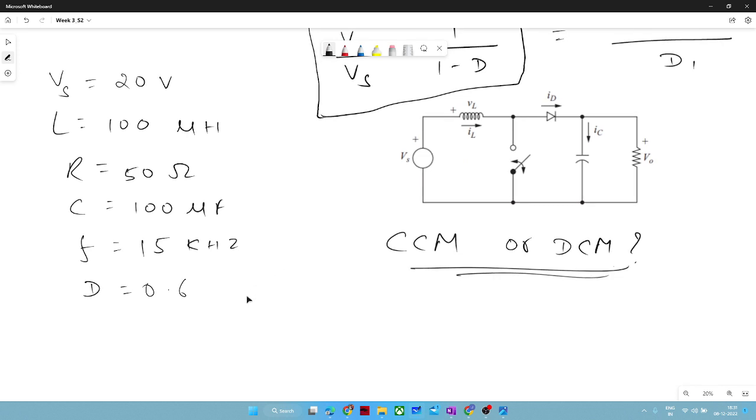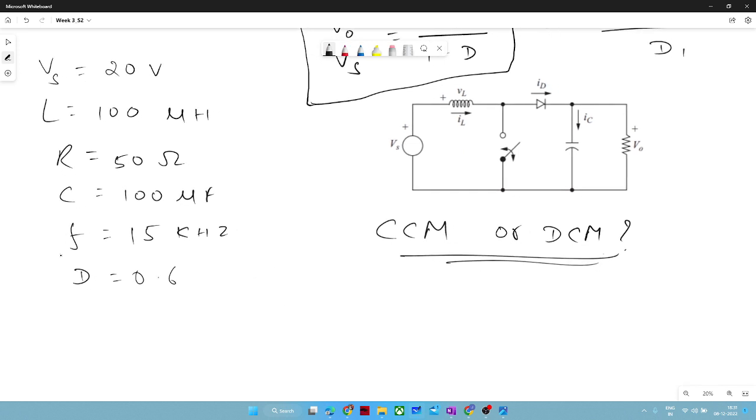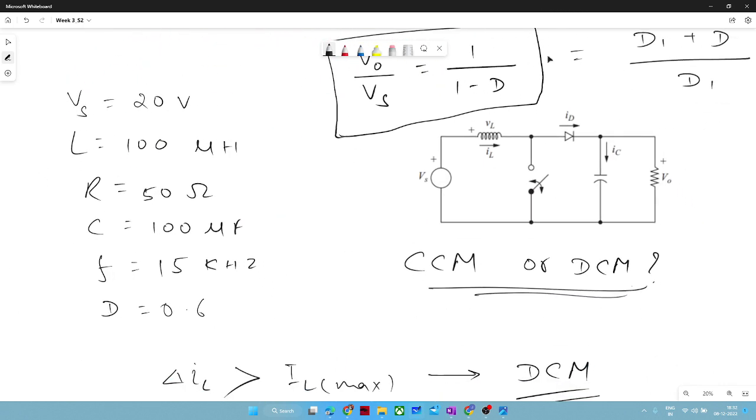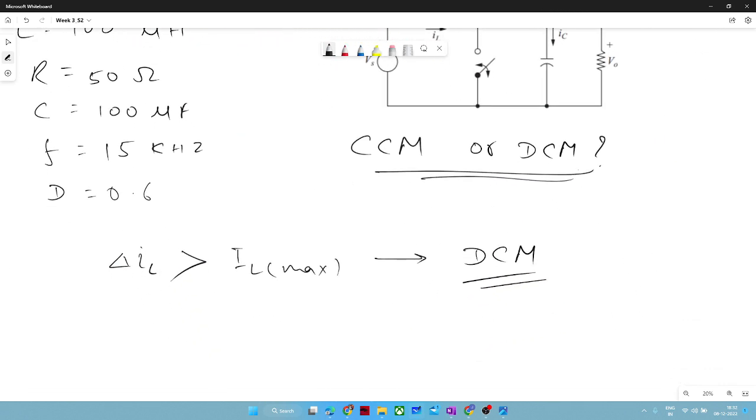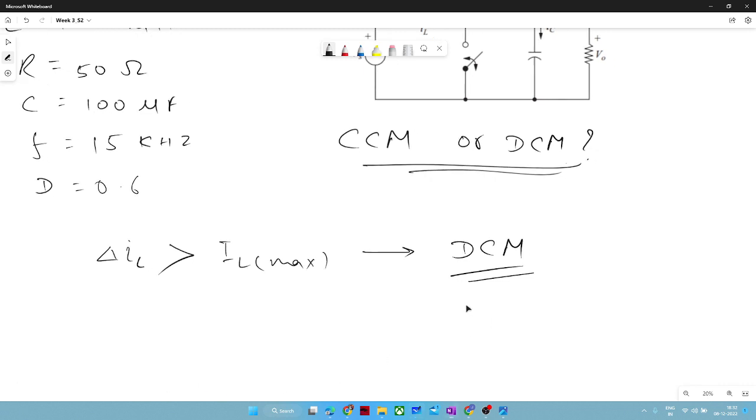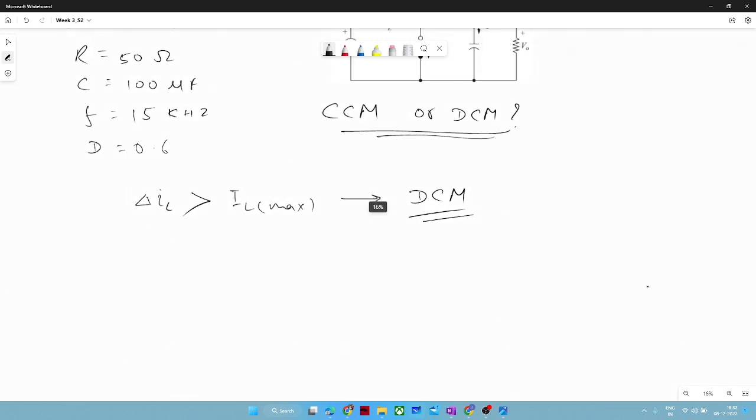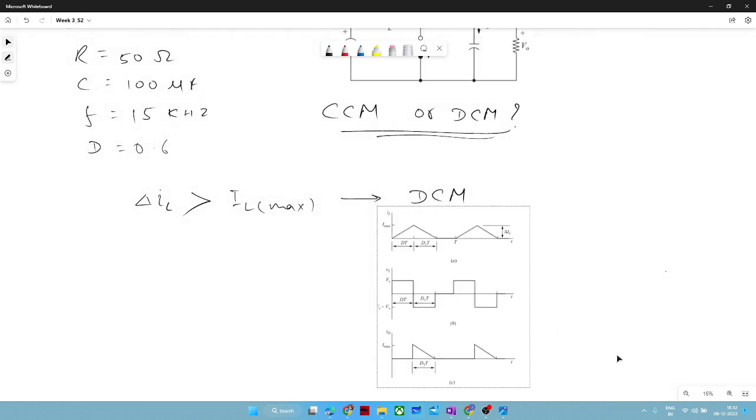So now, we were discussing, if delta IL is greater than IL maximum value, then of course your converter is operating in DCM mode. Let me explain why it is so. Let me take those waveforms.